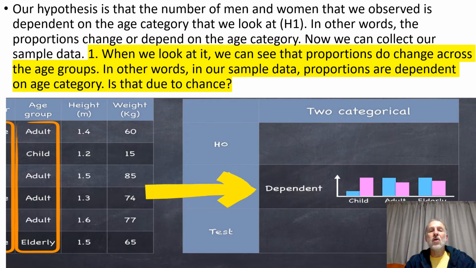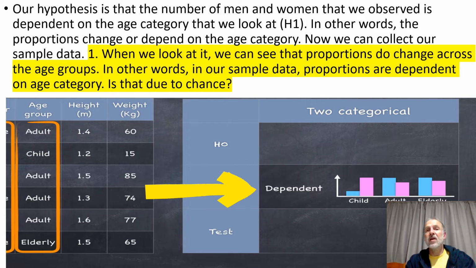And now, after we've stated our hypothesis, we can collect our sample data. And then, when we analyze it, we can see that proportions do change across the age groups. In other words, in our sample data, proportions are dependent on age category.